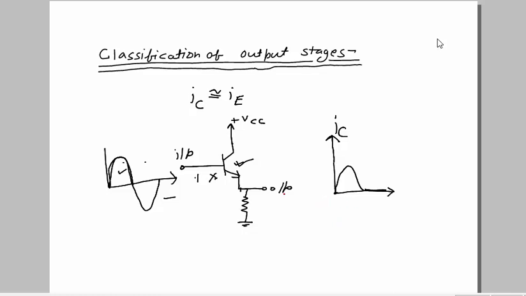If I see this from 0 to pi to 2 pi, the input is complete for 0 to 360 degrees; 2 pi is 360 degrees. But the output we are getting only from 0 to pi, or 180 degrees.